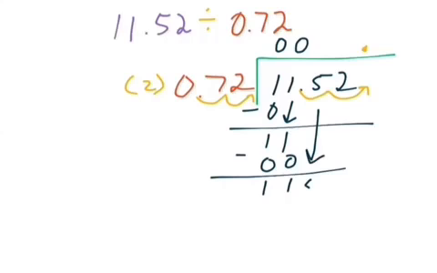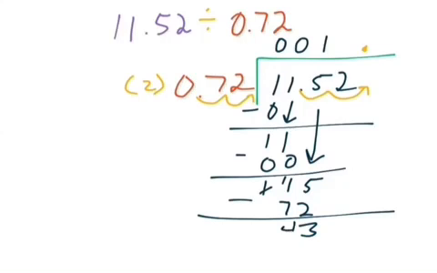It does go into 115, but only goes in 1 time. So I'll get 72, and I need to do 115 minus 72, and I believe it is 43. I get 3 here, borrow the 1, I get a 4, and then finally I need to bring down a 2. So I have 432 divided by 72.